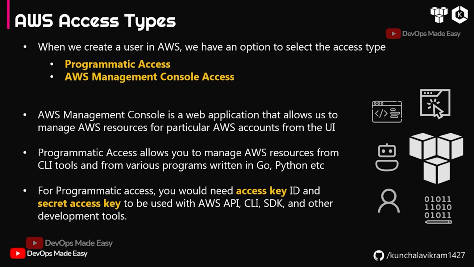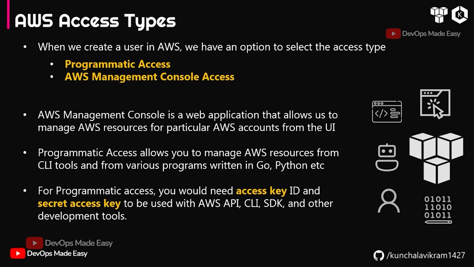Programmatic access means I've created a user to do some automation, like automatically creating S3 buckets or automatically provisioning an EKS cluster. For this I need not have access to the graphical user interface, because I'm not creating these resources from the UI. If it is the UI, it is very simple. But here I wanted to automate it. I wanted to make the process much faster and more robust. So in this case, I'll create programmatic access.